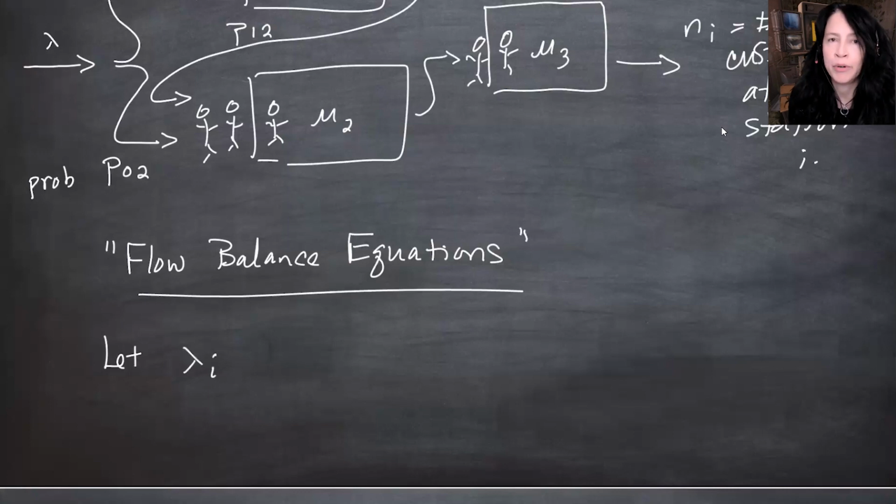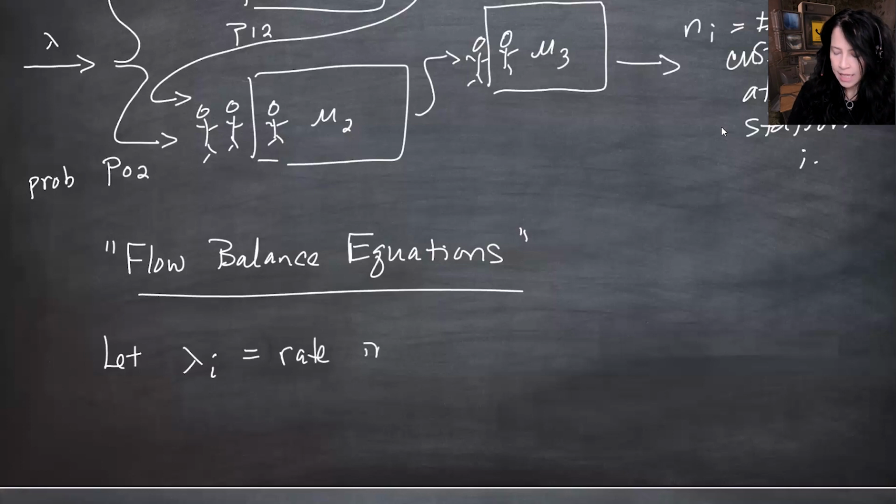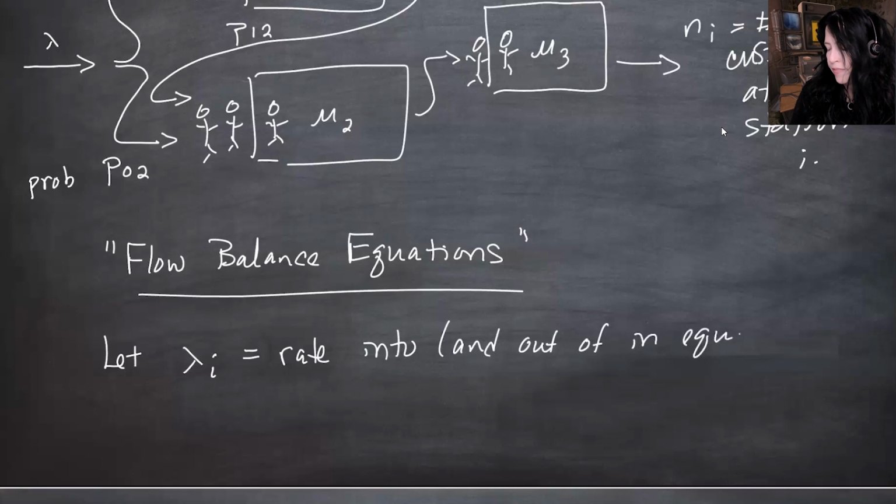This is not a birth rate, not a rate of increase when there's i in the population. What does that even mean here? We've got three populations. I'm going to let lambda_i be the rate into and out of, in equilibrium, station i. They need to balance.